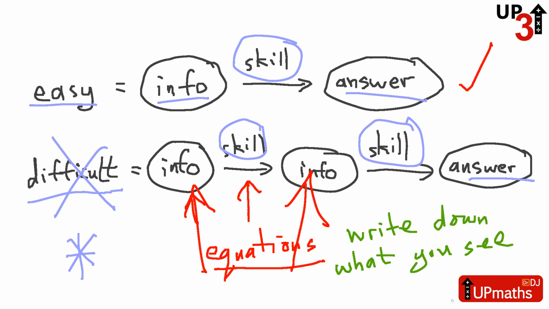Oh, I can see that I've got something to do with the volume of a sphere, write down the equation. Oh, I can see that I know what the radius is, well, then write down r equals 9, and so on and so on. And you write down all these equations in maths language, and then I think it tends to flow quite easily.